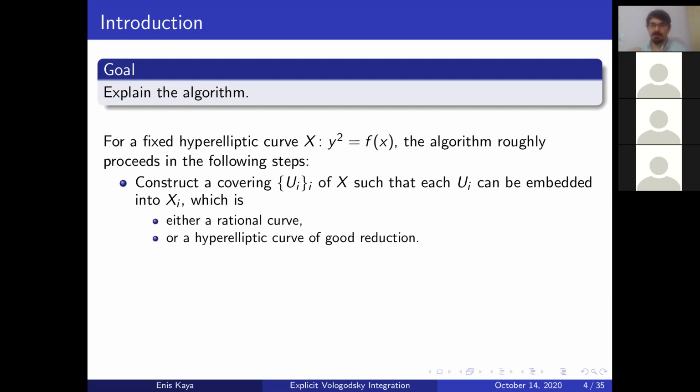This part is a bit weird, because we have a curve that has bad reduction, but I'm just saying that we can find a covering so that each piece has a good shape.